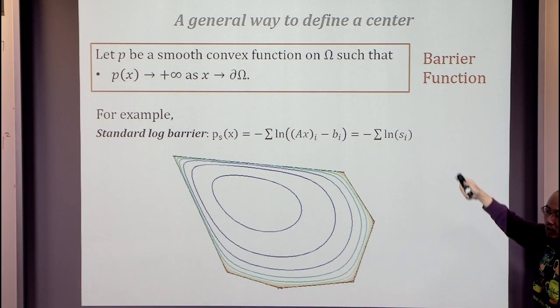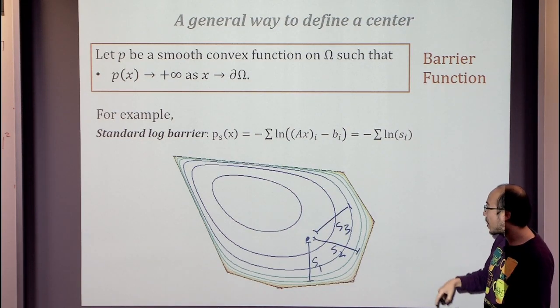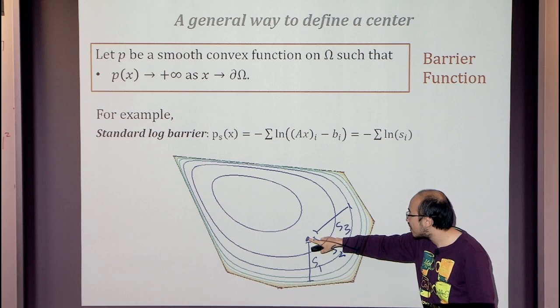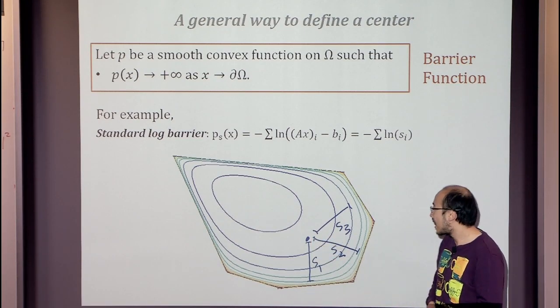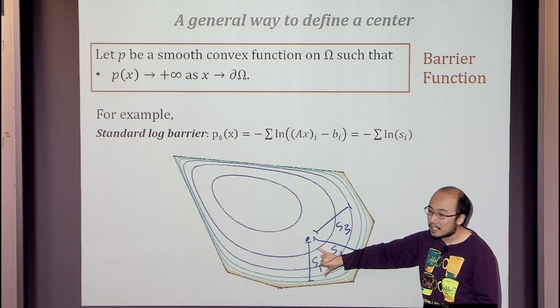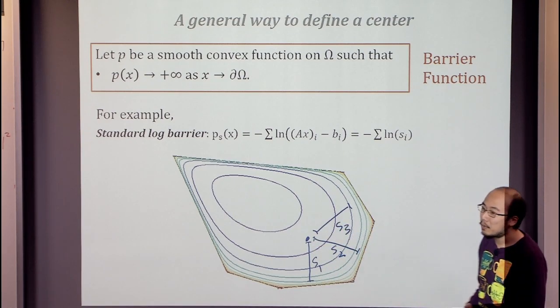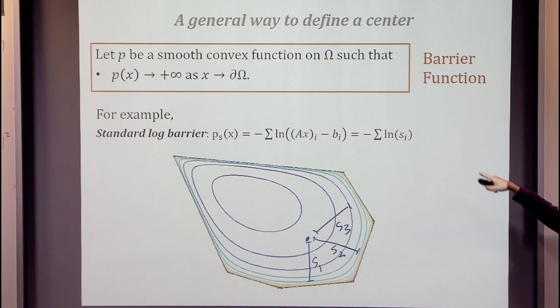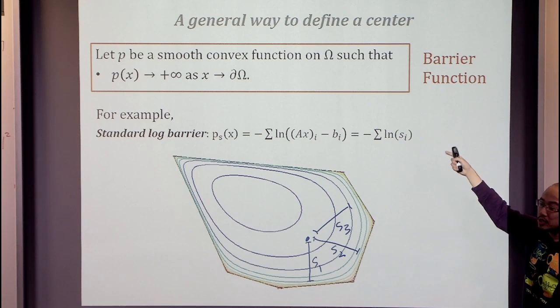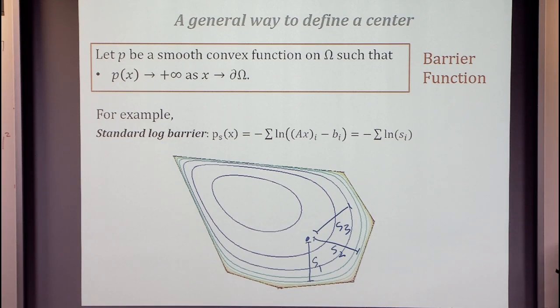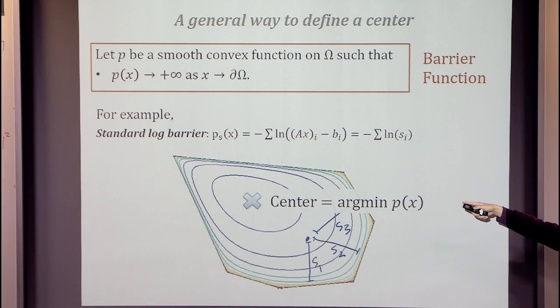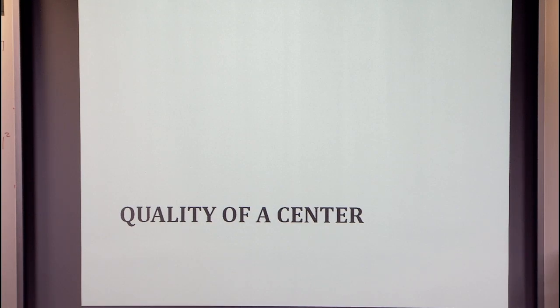It is a summation of log s. To evaluate the standard log barrier function at a point, s is the distance to each constraint. We call those the slack. The standard log barrier function is you just sum up the log of the slacks. And we define the center as the minimum of the barrier function.